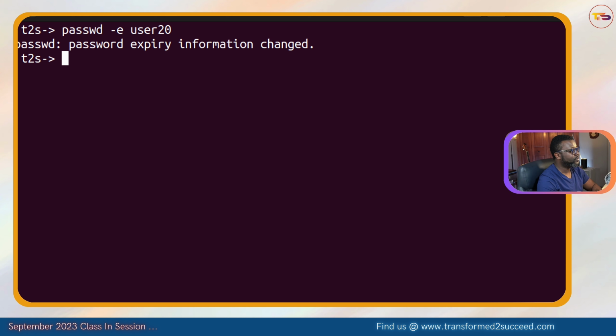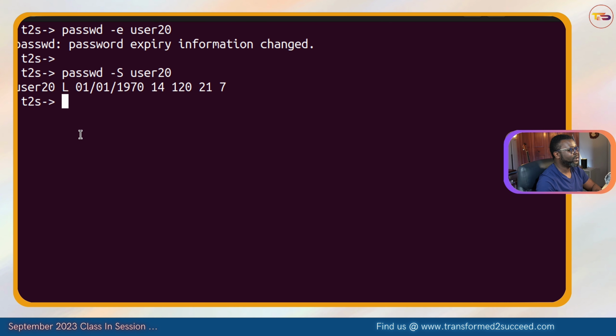So we have forced this user, when they log in next time, to change the password. And let's verify using this command, passwd -S and the login name. That's what we have here, meaning that the user, when they log in the next time, is going to have to change that password.